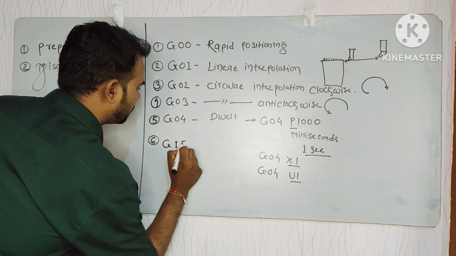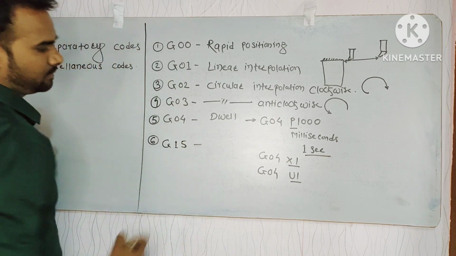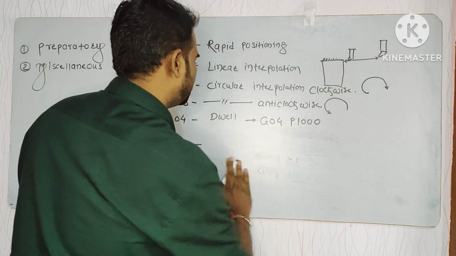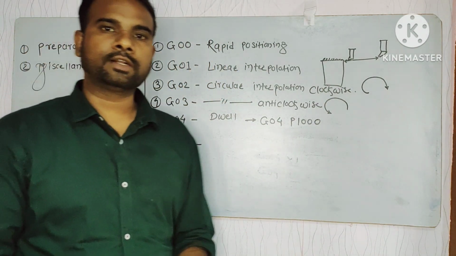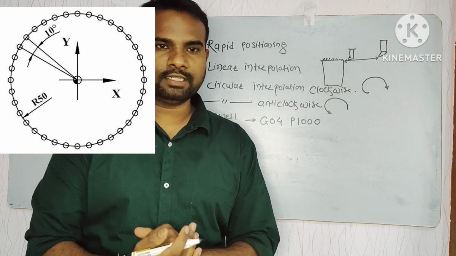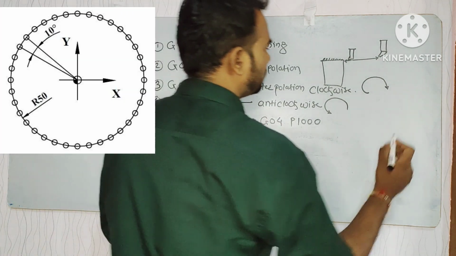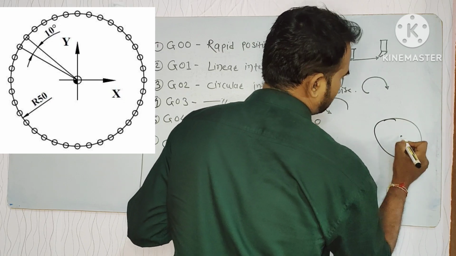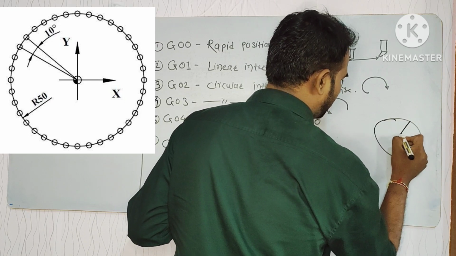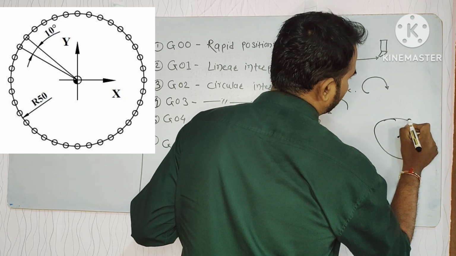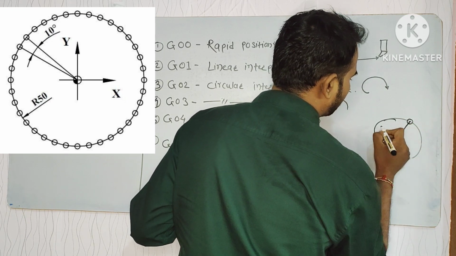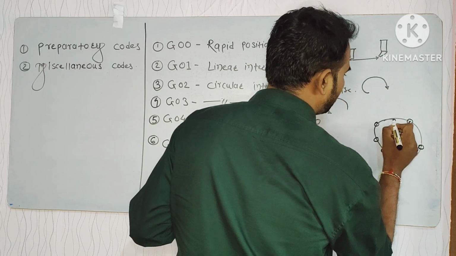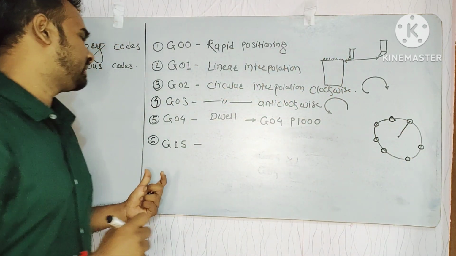Our sixth code is G15. G15 means polar coordinate off. What is meant by polar coordinate? If you want to do a drilling or tapping operation in circular motion, on a PCD, then we use G16.